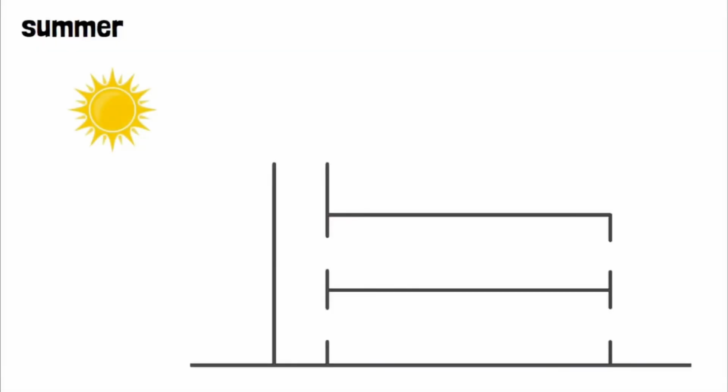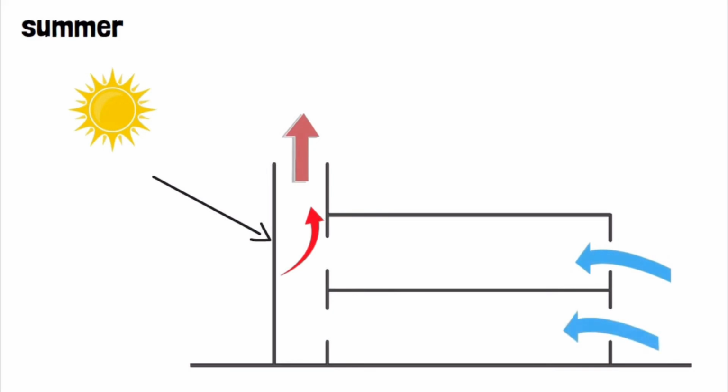In a solar chimney, the air inside is heated by sunlight absorbed by its dark surface. As the air warms, it becomes less dense, creating an upward draft. The momentum of air drives ventilation and cools the building, depending on the setup.